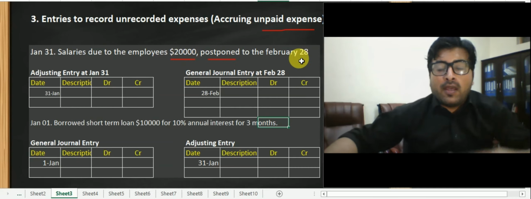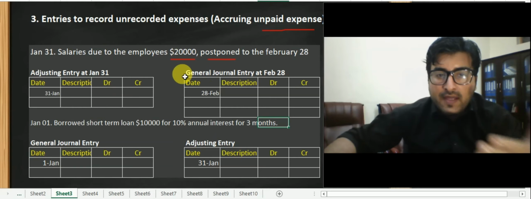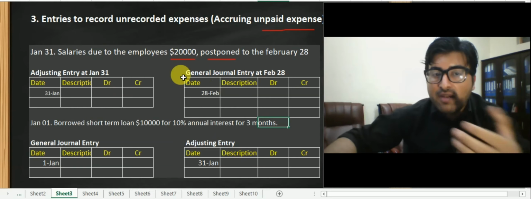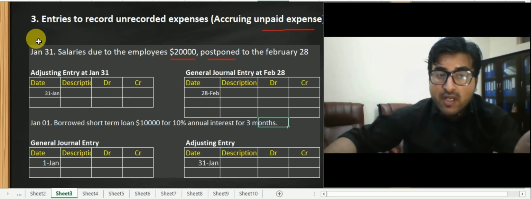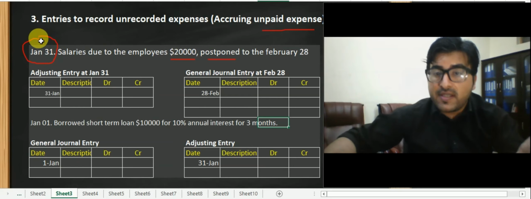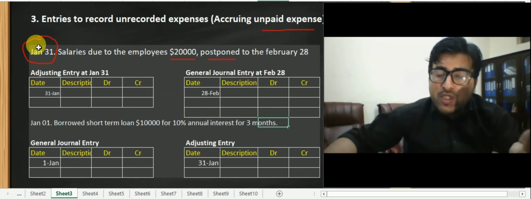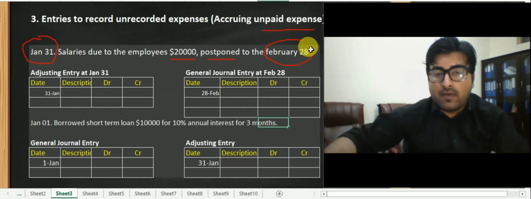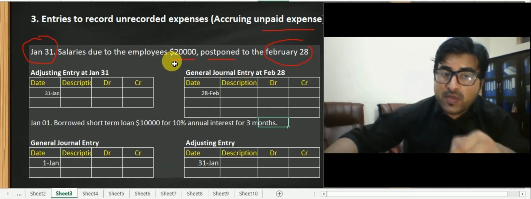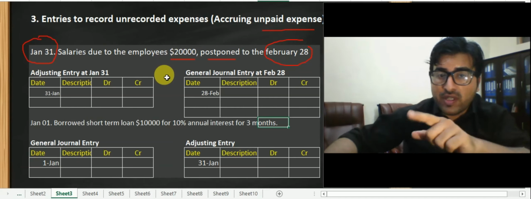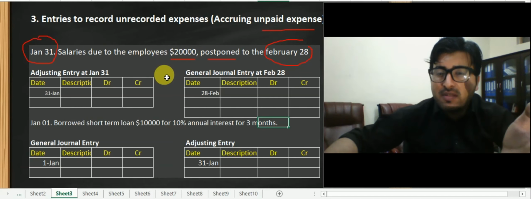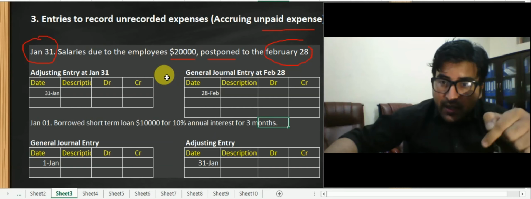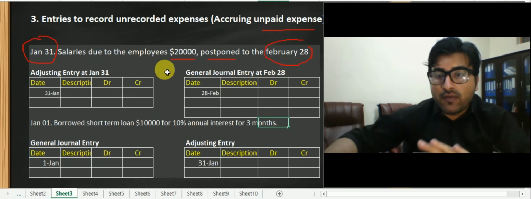It means a company in this example should pay the salaries of 20,000 because it is January 31st, the time of the salaries, right? But because of some reason, the company is postponing, delaying the salary into February 28th. Now you should record the expenses in January. Don't say I will record it in February because I'm not paying.